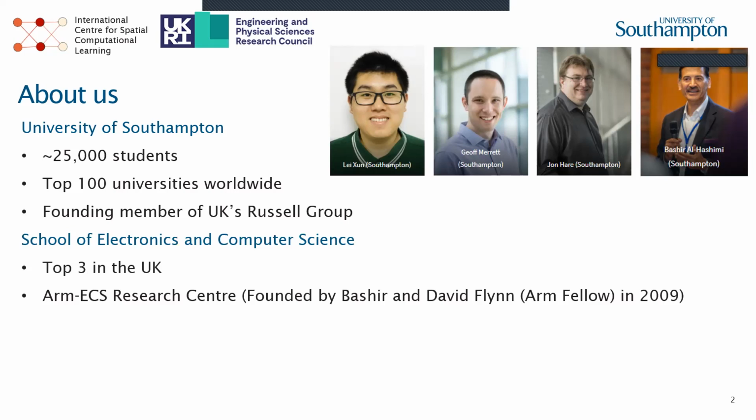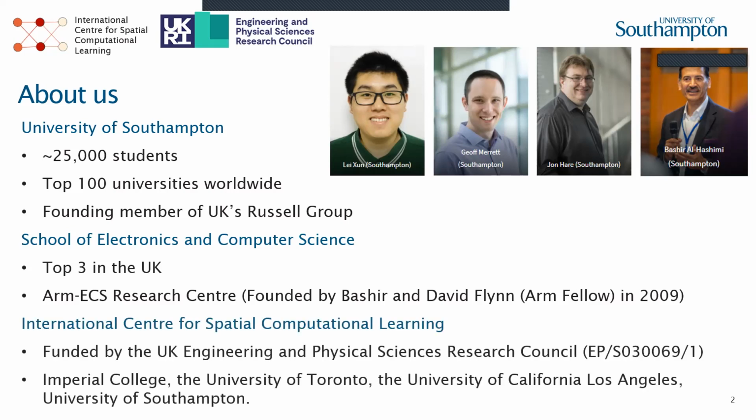In 2009, my supervisor Bashir and David Flynn from ARM founded this research center. We are also working under the umbrella of the International Center for Spatial Computational Learning, which is funded by the UK Engineering and Physical Science Research Council. As you can see, the members of these centers are really global.